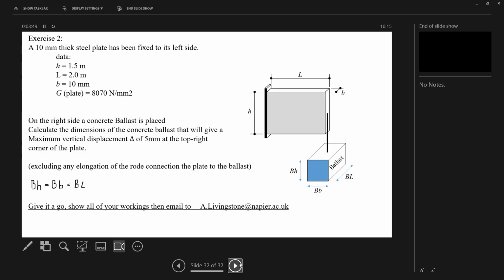So the size of that ballast, which will give you a 5mm displacement. Have we said what the ballast is made out of? Excluding any elongation of the rod. So this is concrete. Where does it say that? Big paragraph just above the displacement.